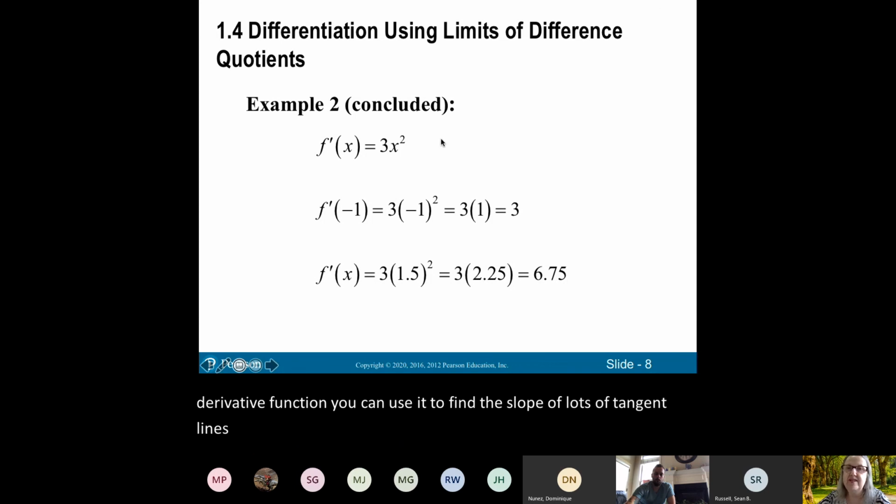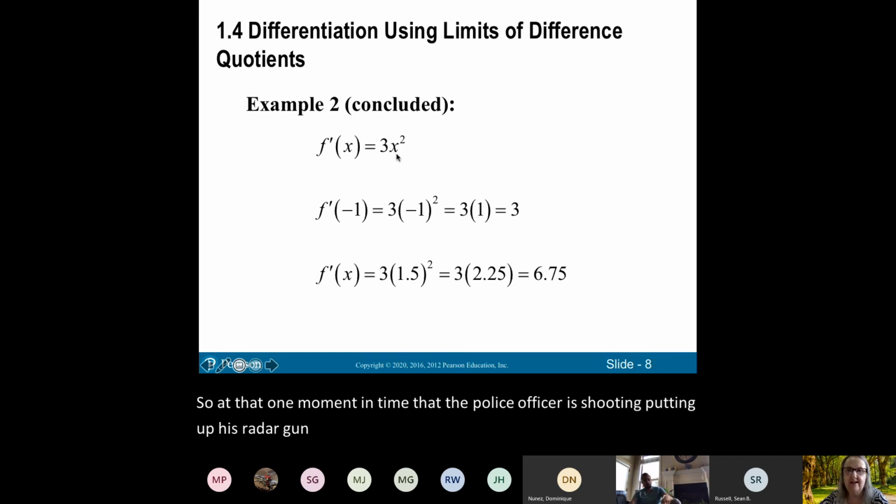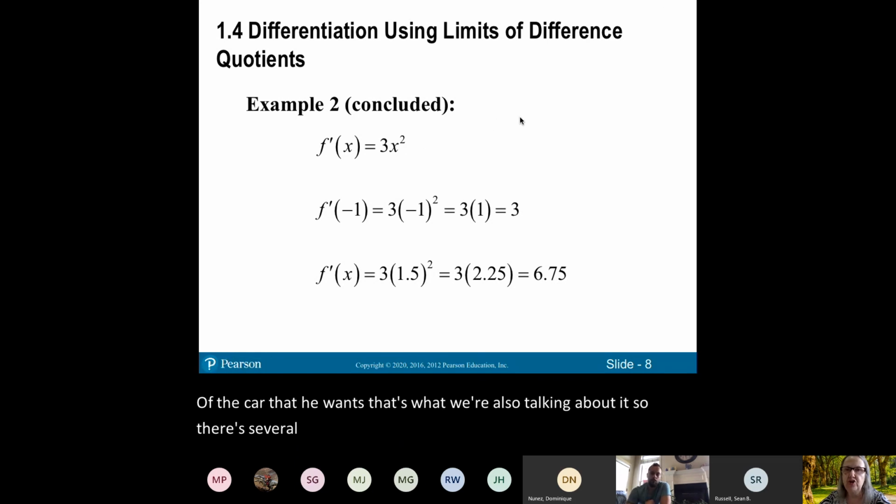Also, the first derivative is the instantaneous rate of change at x. So at that one moment in time that the police officer is putting up his radar gun and trying to get the speed of the car that he wants, that's what we're also talking about. So there's several different interpretations of the first derivative.